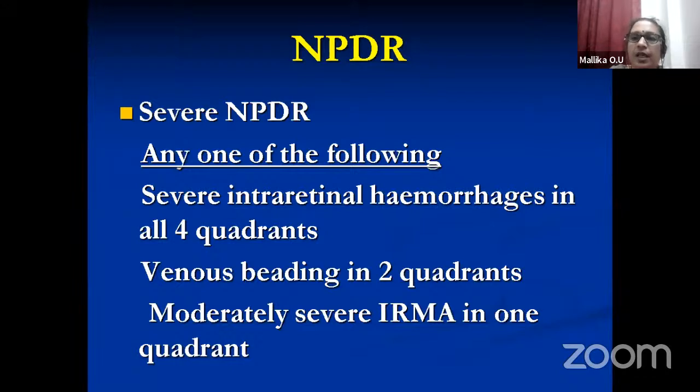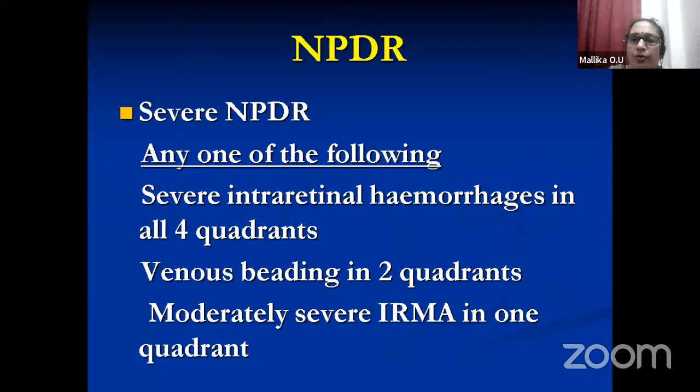And the second one is venous beading. I have shown you the beading of the veins, and if the venous beading is present in 2 quadrants, that is the 2, and the third is the 1, that is intraretinal microvascular abnormality in 1 quadrant.